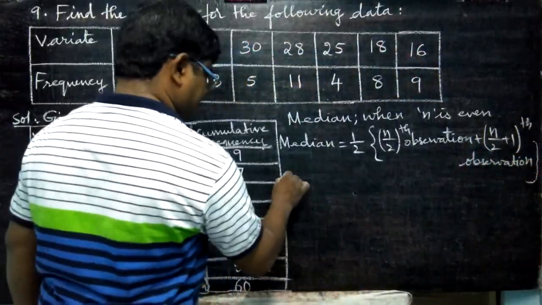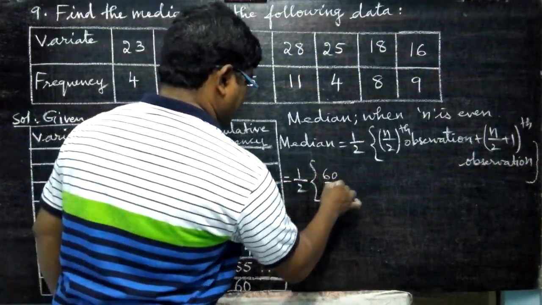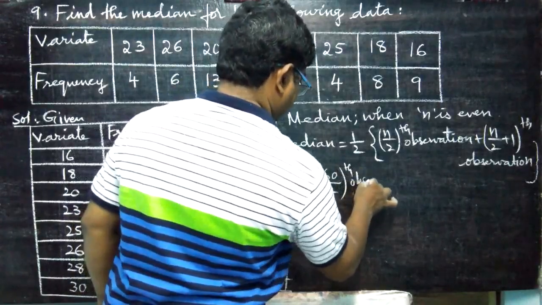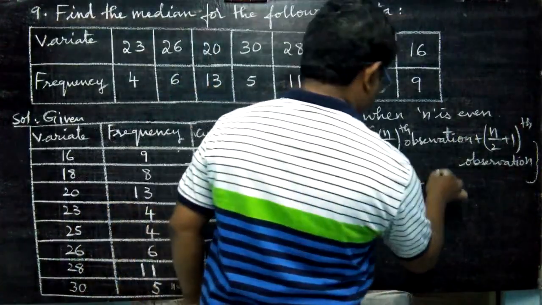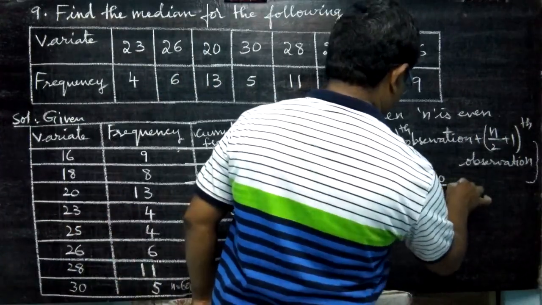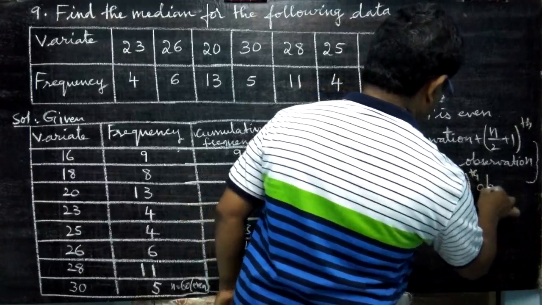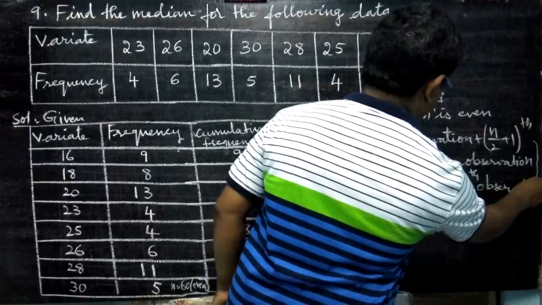Now that is equal to half of the (60 by 2)th observation plus the (60 by 2 plus 1)th observation. Now 2 goes in 60 how many times? 30 times.